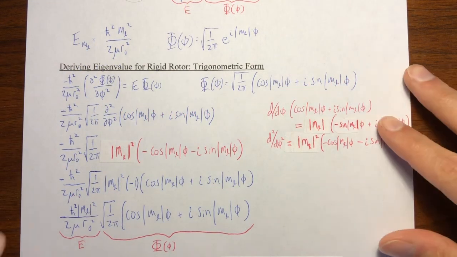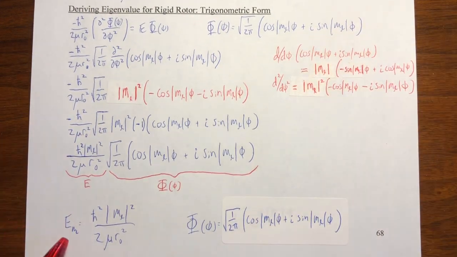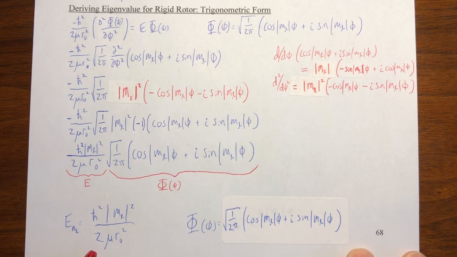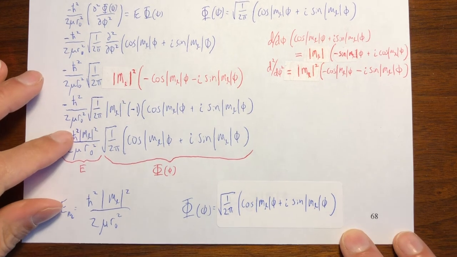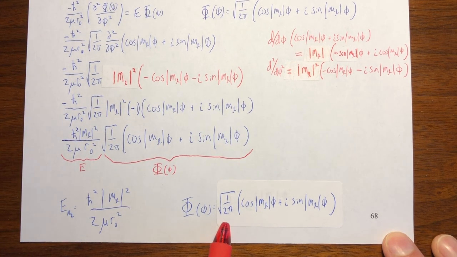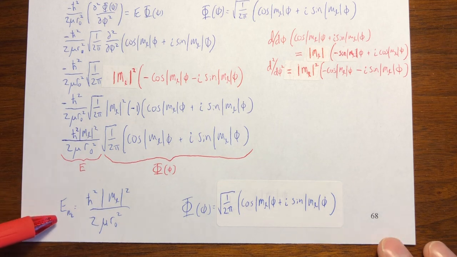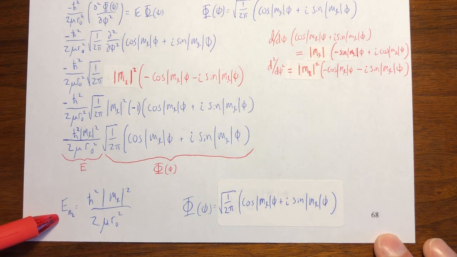And finally, to rewrite this, we are left with our eigenvalue equal to h bar squared times m sub l squared divided by 2 mu r naught squared, and our wave function, still normalized, equal to root 1 over 2 pi times the quantity cosine m sub l phi plus i sine m sub l phi. And so again, this expression here just comes from the Euler relation, and the eigenvalue is our expression for energy, which we presented last class.